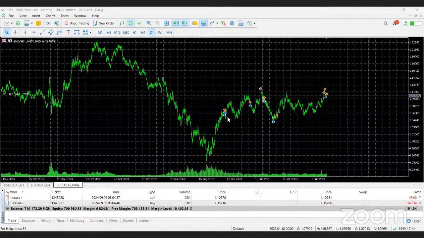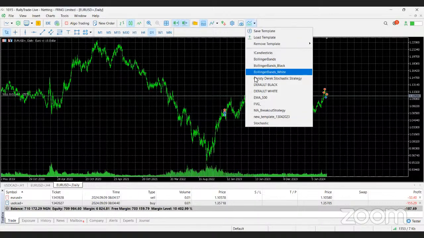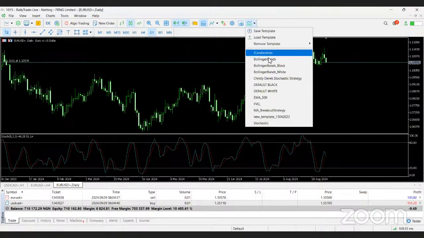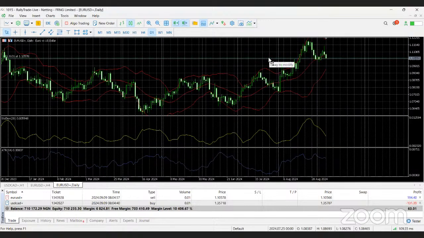I was trying to look at the D1. On the D1 front, if I go to the stochastic view, the stochastic will not give us what we want. Let's check with Bollinger Band whether we can see something like a turning point. That gives us an idea.